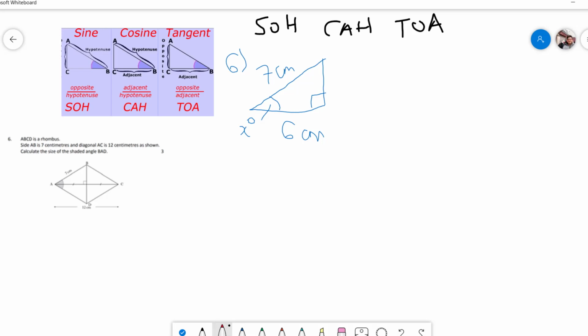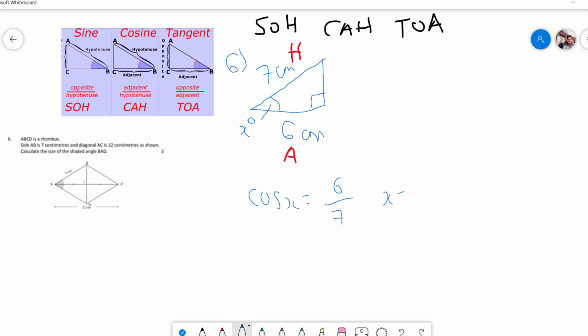So we start labeling what we have. Well, we don't have the opposite, but we do have the hypotenuse, and we do have the adjacent. So what formula consists of a and h? Well, K, which is the cosine formula, adjacent over hypotenuse. So we have cos of x is equal to a, in this case 6, and h 7.